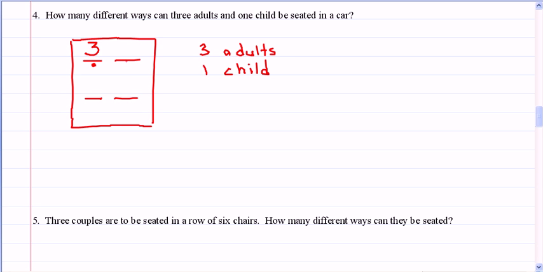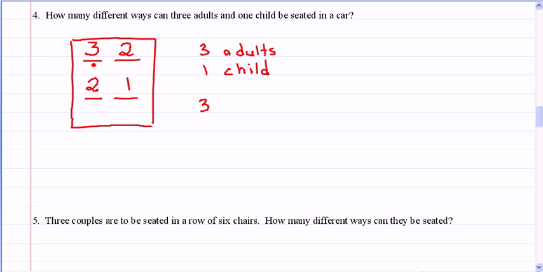The child cannot sit in the passenger seat, so we have 2 remaining adults that could sit in the passenger seat. When we get to the back seat, we have 2 people left that are to be seated, the 1 remaining adult and the child. So 2 people could sit here, that could be the adult or the child, and 1 person is left to sit at the end.